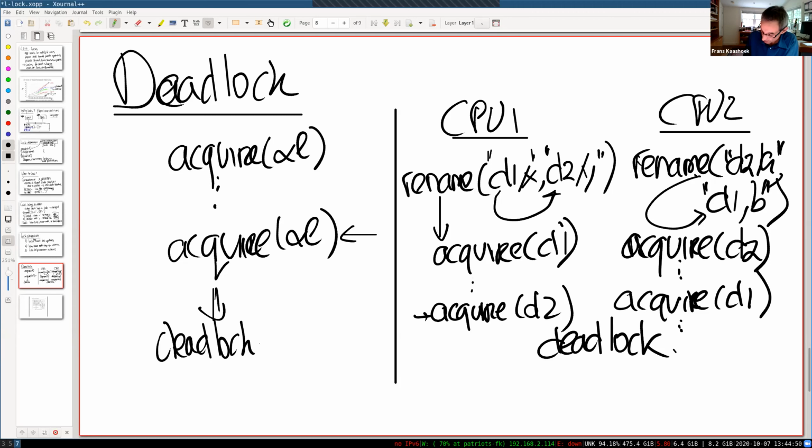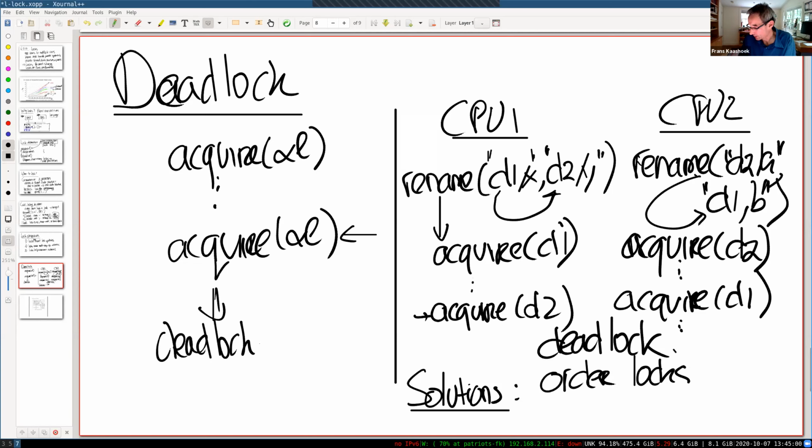And the solution turns out, in some sense, to be reasonably simple. The solution is that if you have multiple locks, then you have to order the locks, and all operations have to acquire locks in that order. So if you're a system designer, you have to decide what the global order is for all lock objects. For example, in this case, we might decide that D1 should always be ordered before D2.